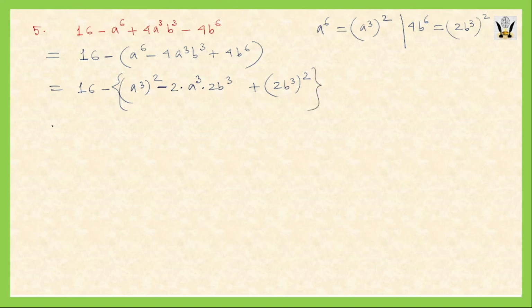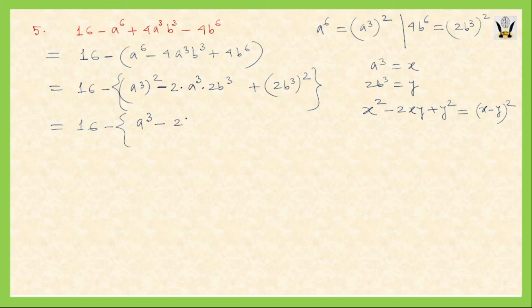That means it resembles what? a cube is our a, so a square, 2b cube is our b, so b square, and then minus 2ab. So it will be (a cube minus 2b cube) whole square.